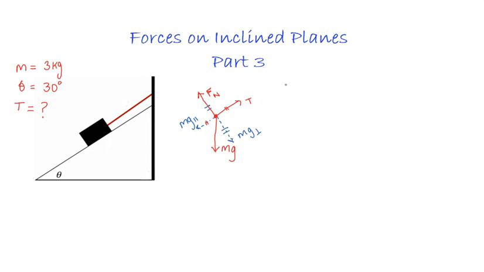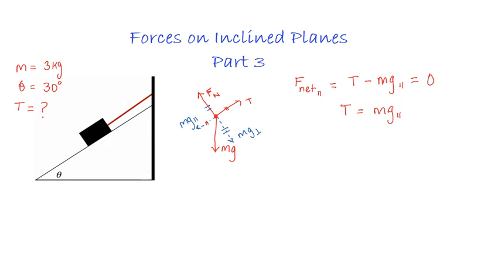So in order to solve this problem, I'm going to write out a net force equation, or a force summation, and I'm going to say that the net force in the parallel dimension is equal to the tension minus the mg parallel, and that all should sum up to 0 because the object is not accelerating. And if I'm trying to find tension, that's actually all I'll need because it's only acting in the parallel dimension. So because they both add up to 0, then they should equal each other.